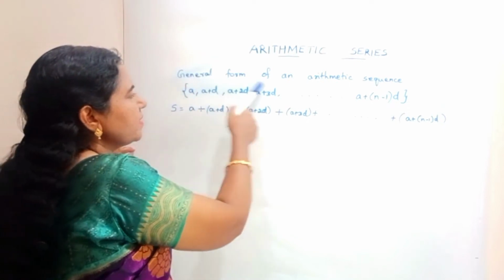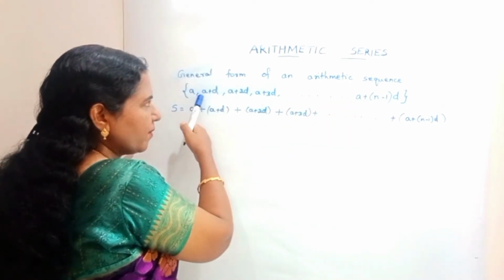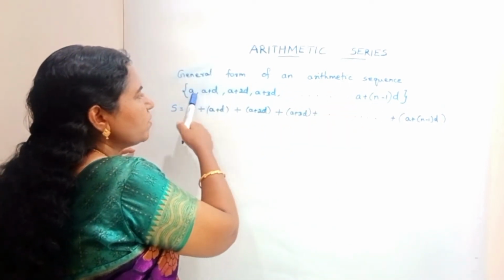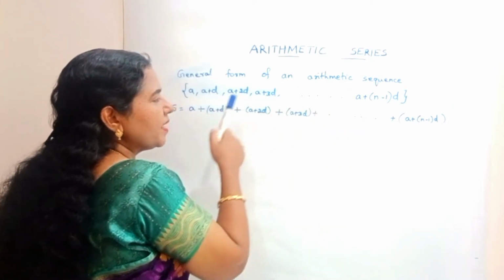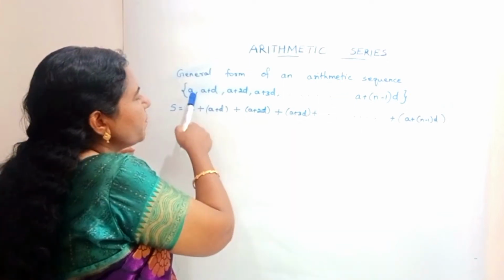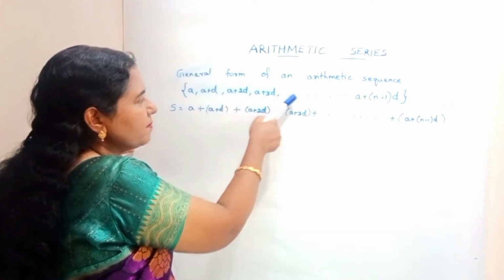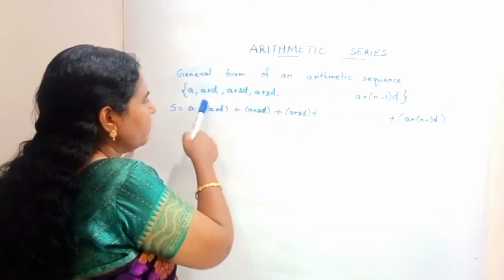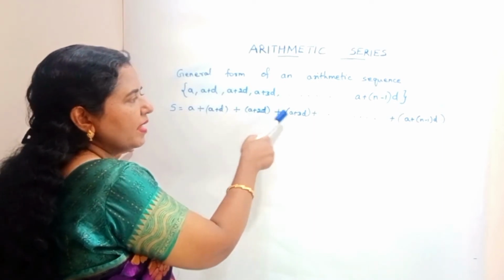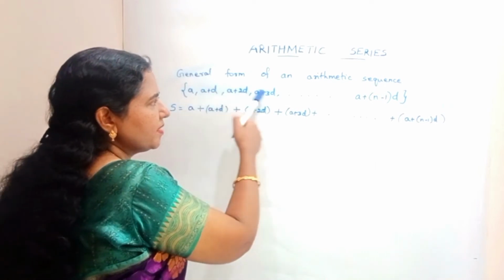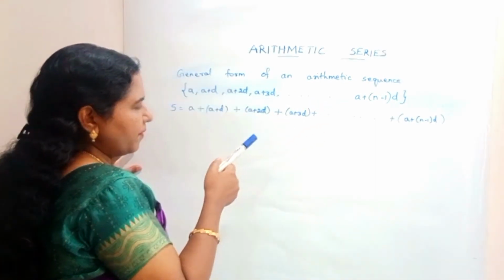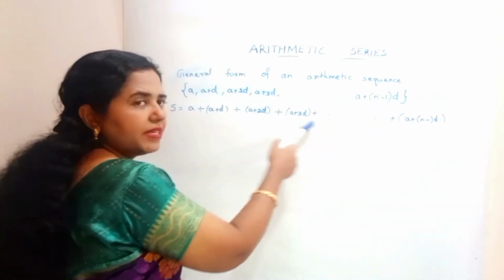Here this is the general form of the arithmetic sequence. If we are asked to find the sum of the terms present in the arithmetic sequence, it becomes an arithmetic series. We have written all the terms from the general form and inserted plus signs in between. That is, we are going to add all the terms present in this arithmetic sequence. So this becomes an arithmetic series.